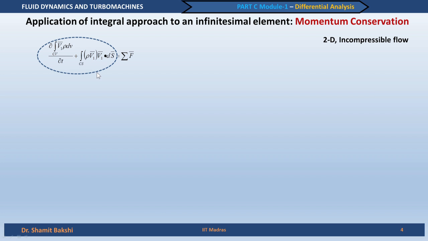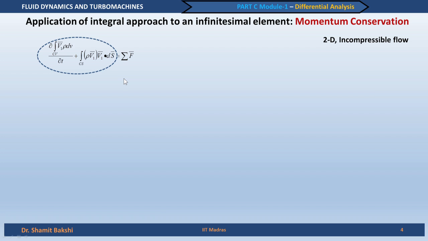So, we take up this part, again we take 2D and we take incompressible flow. In the last case for mass conservation, we had considered compressible flow, but in this case we consider incompressible flow only because in the case of compressible flow, the density variation will make our expression very big.